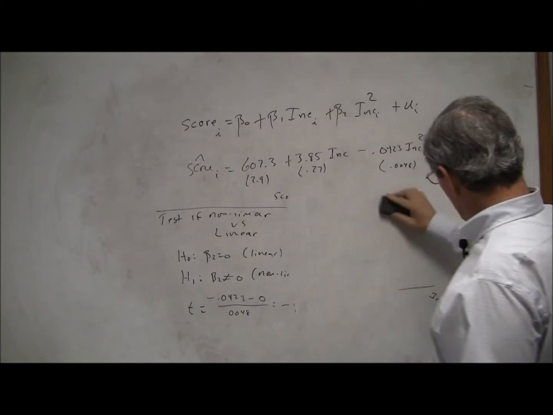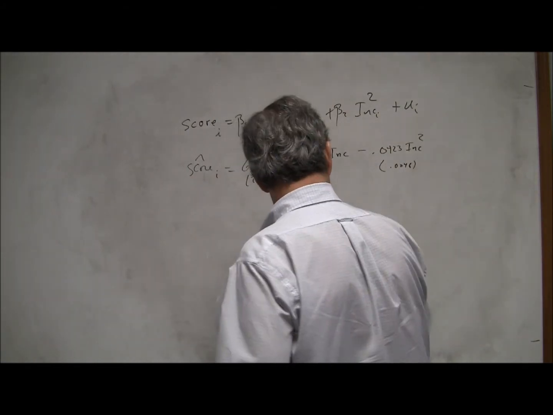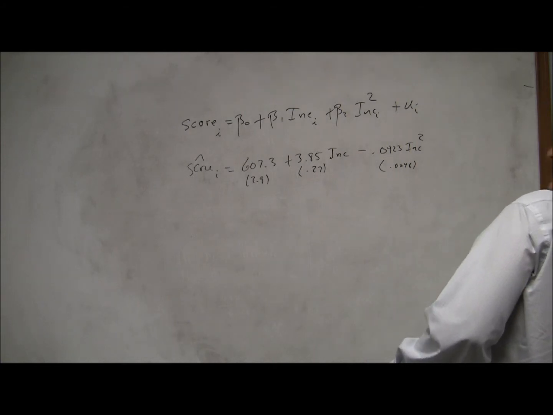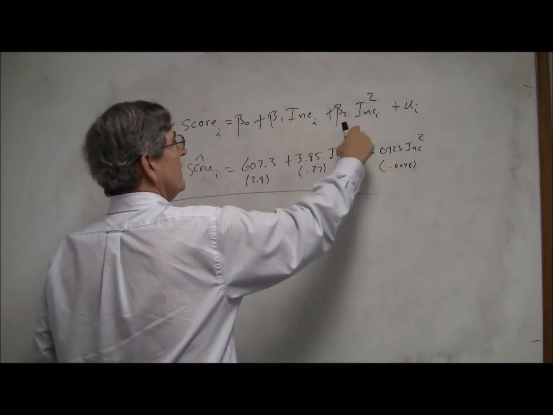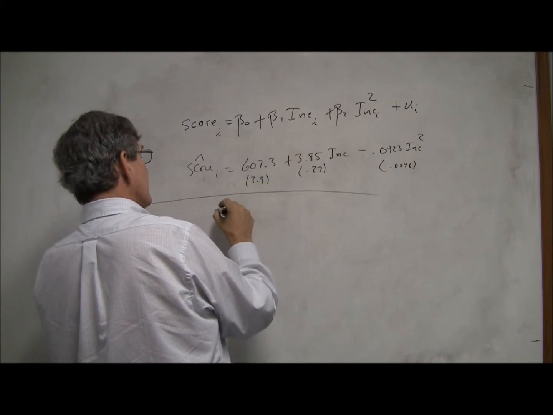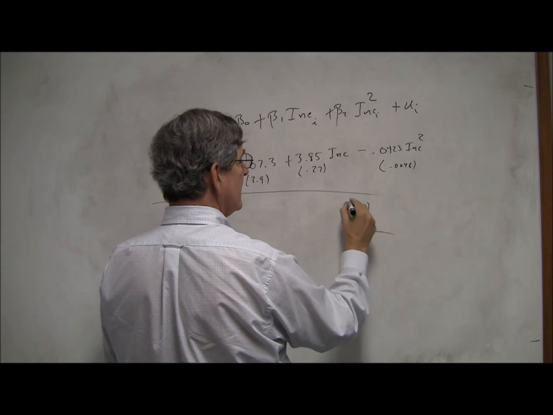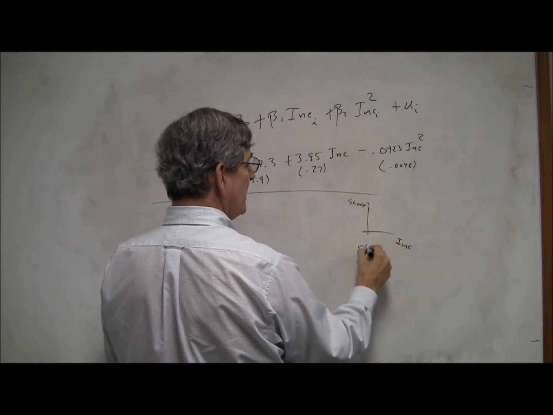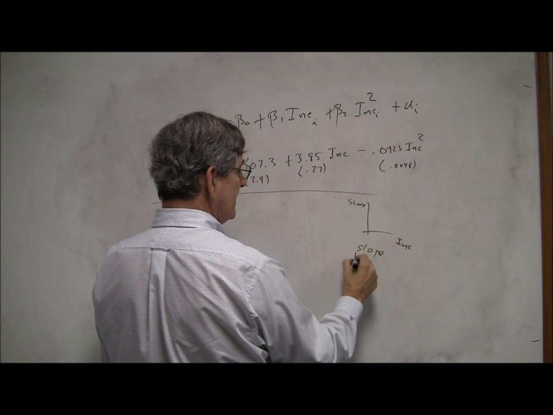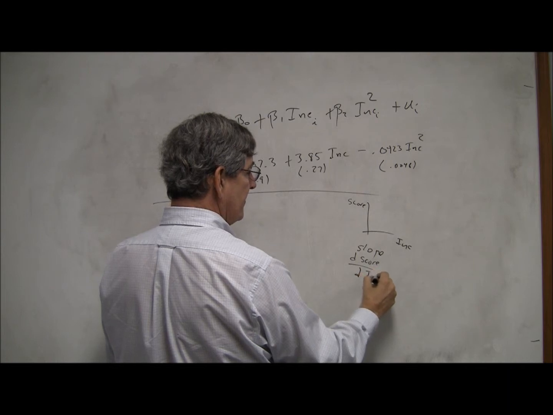Okay, now let me make some other points about this. When you have a model like this, what we're saying again is that the slope depends upon the value of x, the variable here. What is the slope of this? If we have score here and income here, the slope, if you've had calculus, is d score, d income.